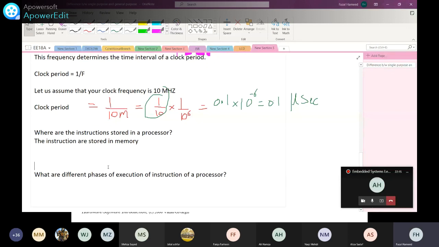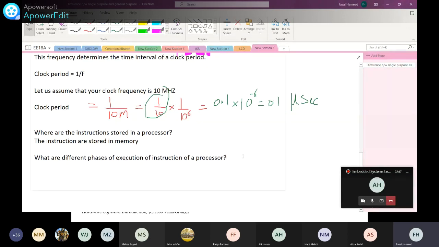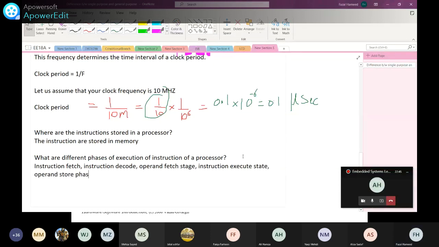So what are the different phases of the execution of an instruction? We have the instruction fetch stage, followed by the instruction decode stage, then the operand fetch stage, then the instruction execute stage, then the operand store stage, and then the next instruction. So this is a cycle.